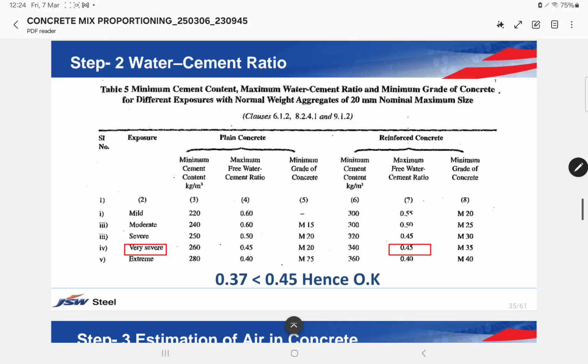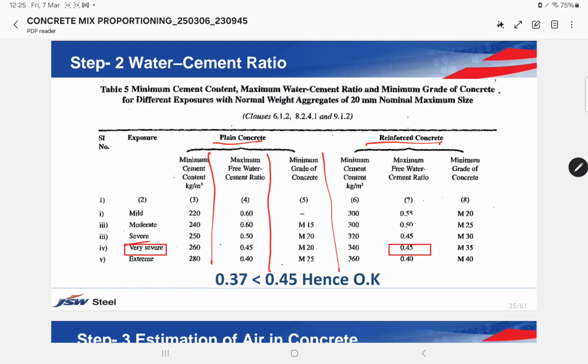So here is the table that shows you, for plain cement concrete and for RCC concrete, the different values of minimum cement content, maximum free water cement ratio and minimum grade of concrete for different exposure conditions.